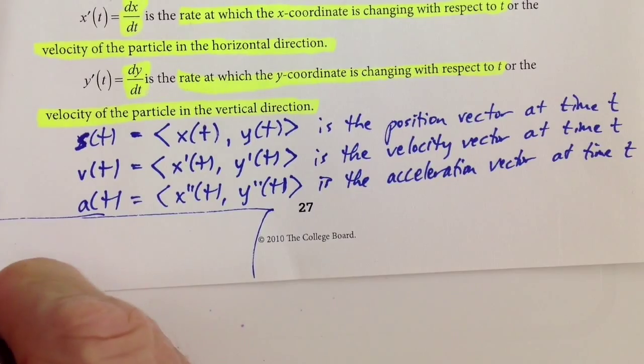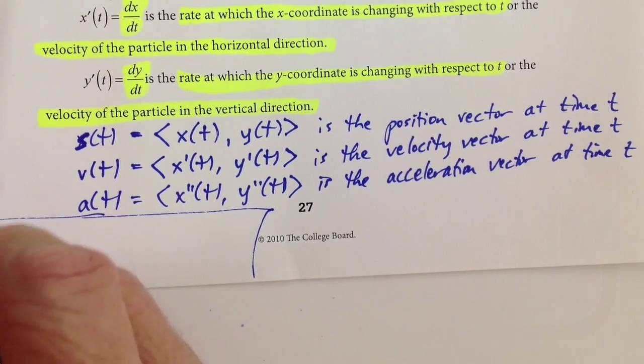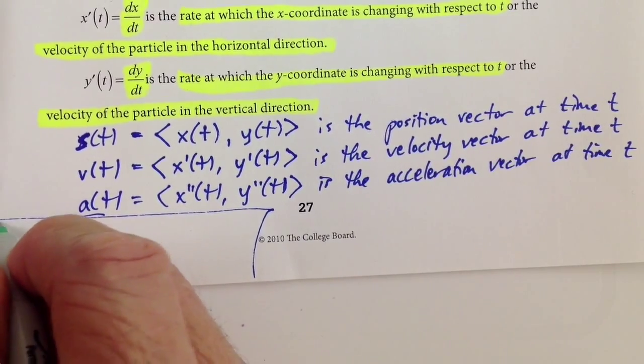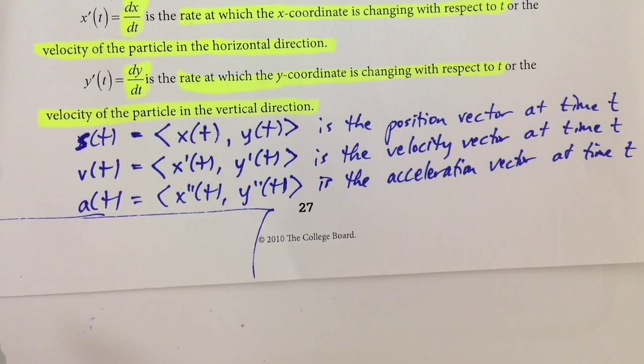You should remember that when we want to find the speed of a particle, we want to find the speed of the particle as the magnitude of the velocity. Okay, the magnitude of the velocity.